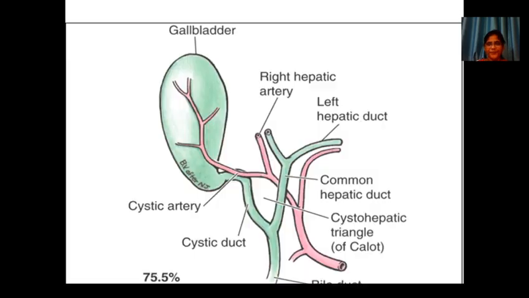Okay, see the picture showing the blood supply. The cystic artery is the branch of the hepatic artery, entering into the gallbladder and giving its blood supply to the gallbladder. This is the cystic artery.